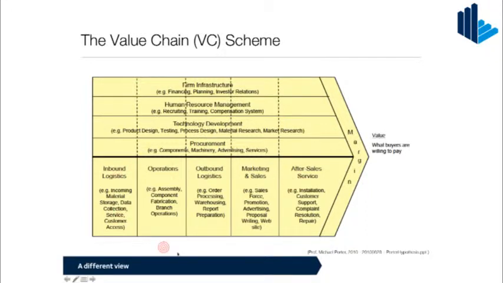This set of processes are identified as primary processes. This means the most important processes companies run in order to produce value, in order to produce products and services.